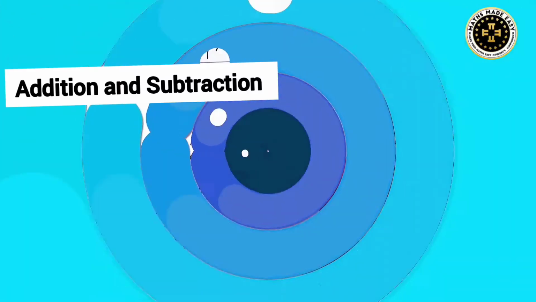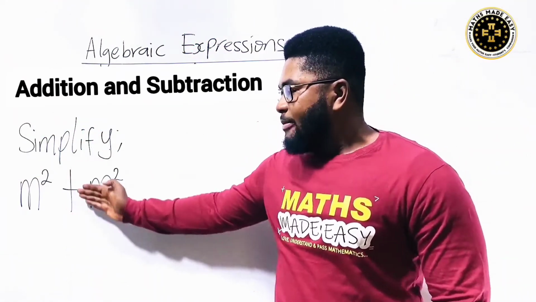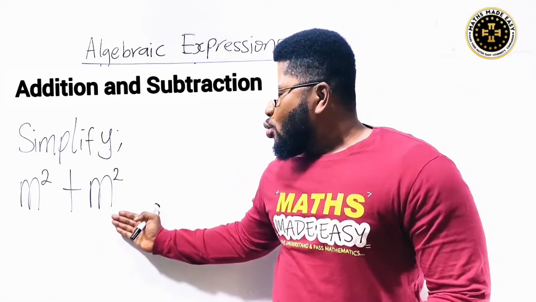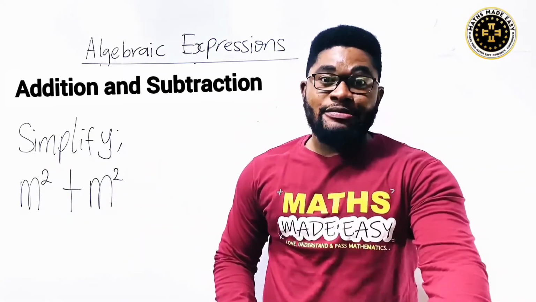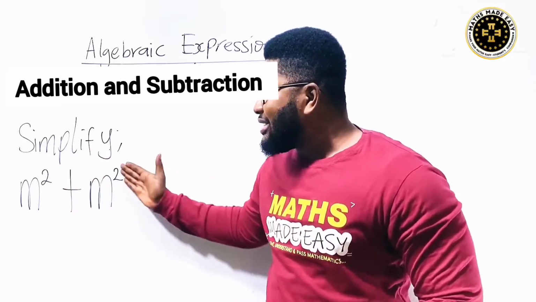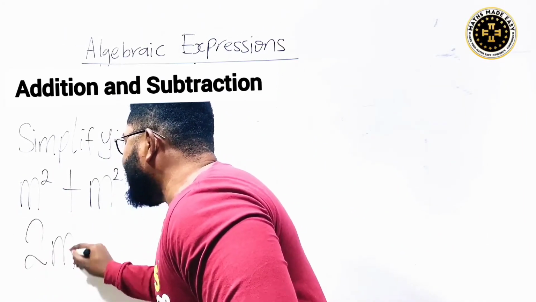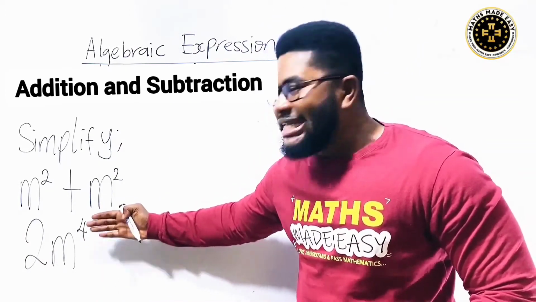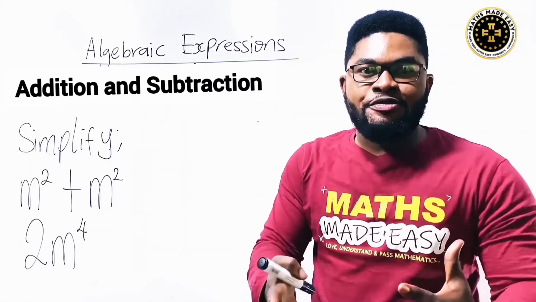Now, finally, let's take a look at this question. m squared plus m squared. Don't forget, the terms m squared are like terms. Now, some people may think because the powers are the same, when you add this, you get 2m raised to the power 4. No, you can't change the power under addition and subtraction of algebraic expression.